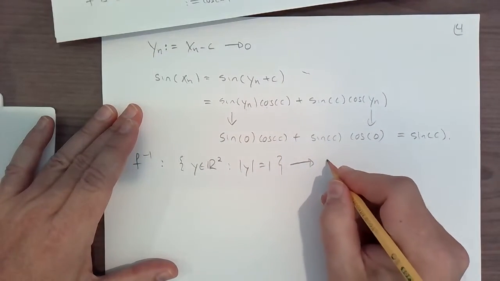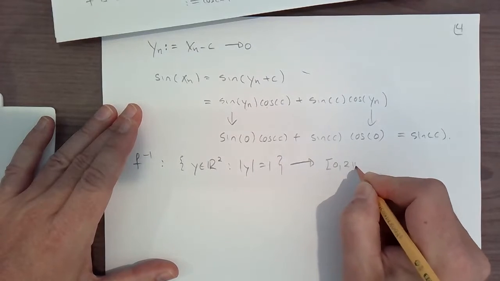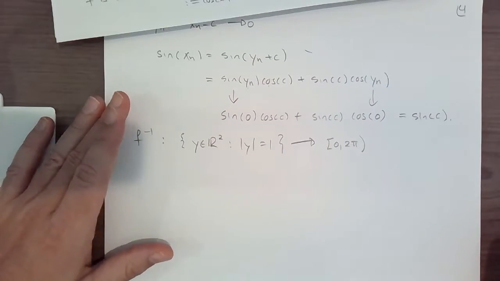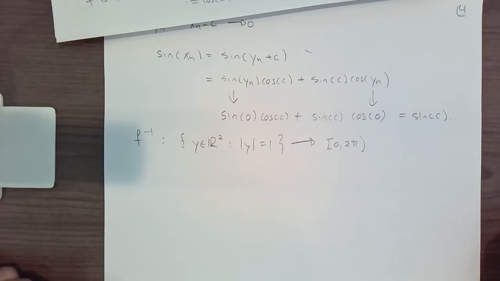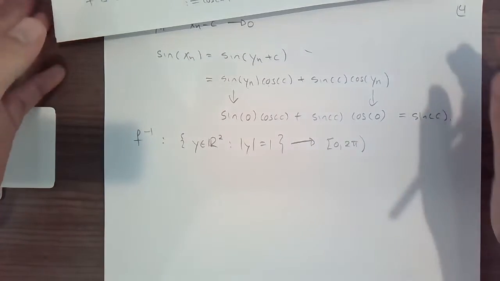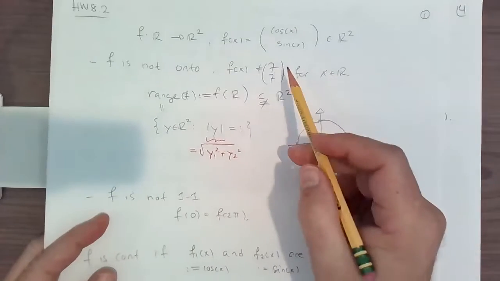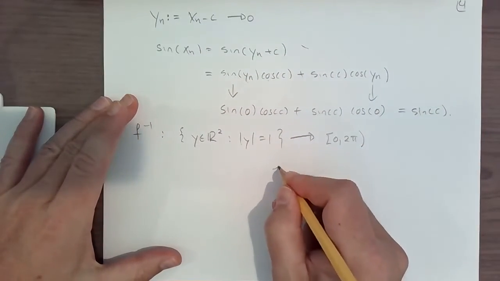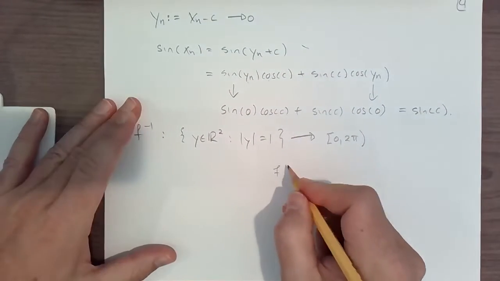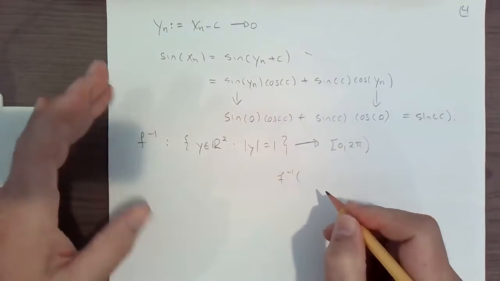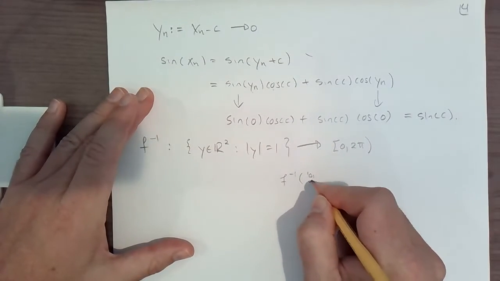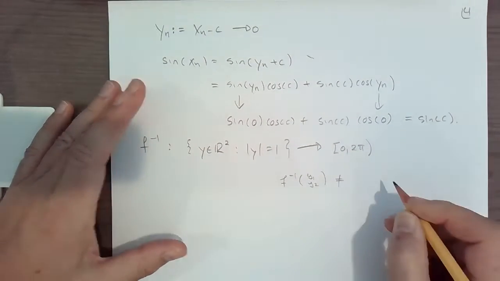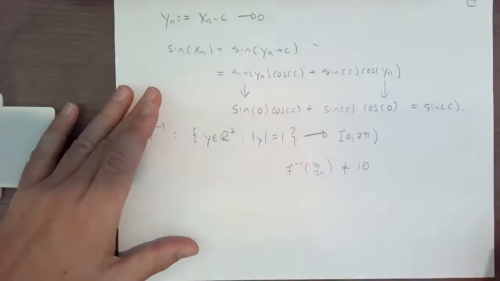The best you can hope for is something like 0 to 2 pi and then open here. Just as you will not be able to get 7 and 7 here, you won't be able to have f minus 1 of a point y1, y2 be equal to 10.